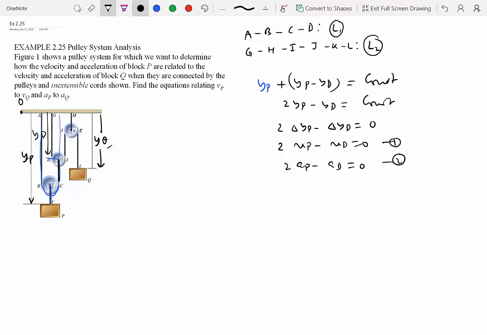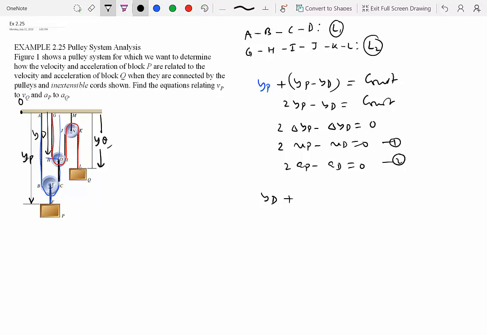So let's now look at the other cable, which goes from G to H. That wraps around, goes up, wraps around, and comes down. So what is the segment length GH? GH is nothing but YD. So that is YD plus, wrapping around the pulley, that's not important.